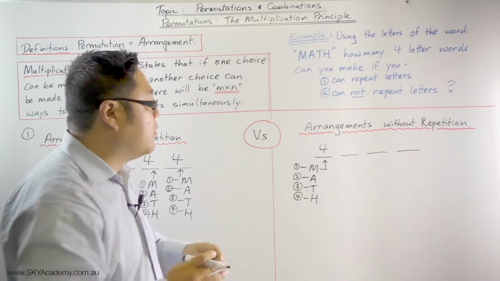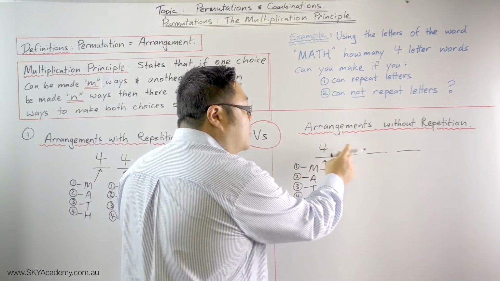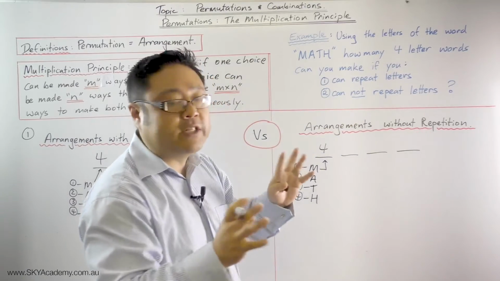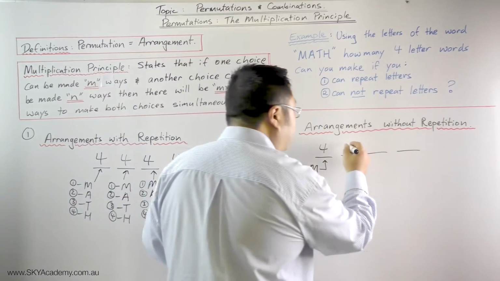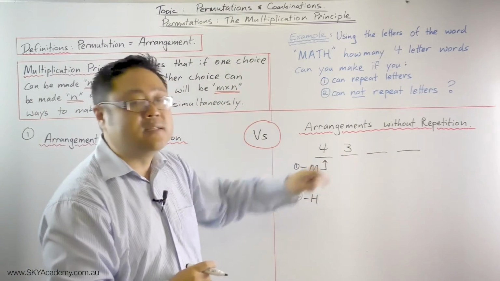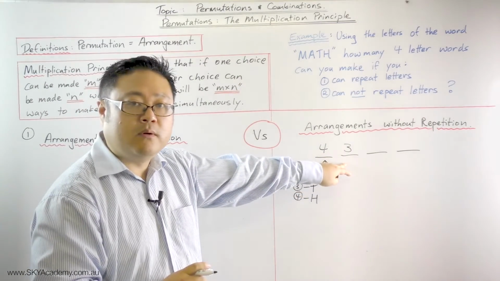Either way, if you're restricted by the condition that you cannot repeat letters, any way you look at it, you will only have a possible 3 choices for position number 2, right?